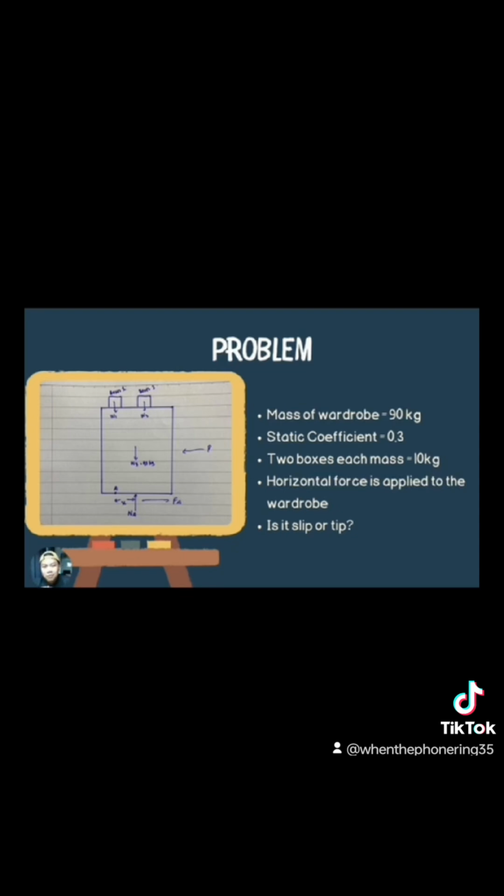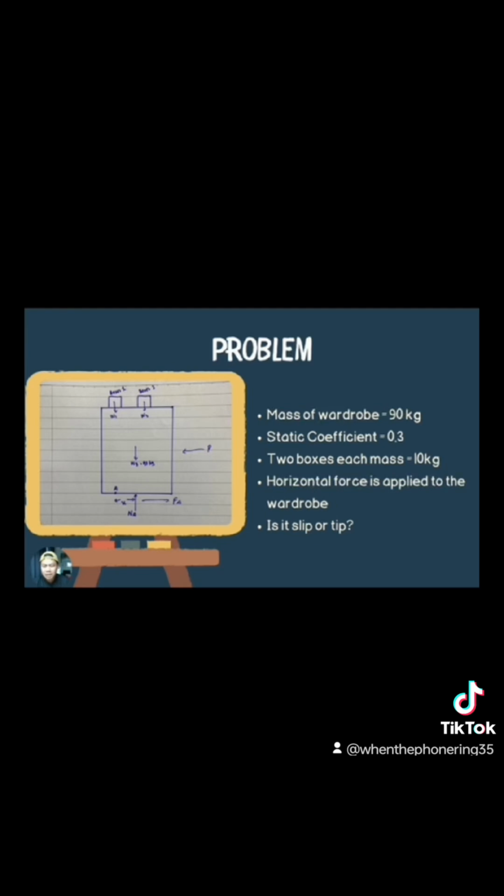First of all, the problem. What is our problem? Let's take a look at this picture. Here's the setup. We have a wardrobe with a mass of 90 kg resting on the floor. The floor has a static coefficient of friction of 0.3. On top of the wardrobe, there are two boxes, each with a mass of 10 kg.